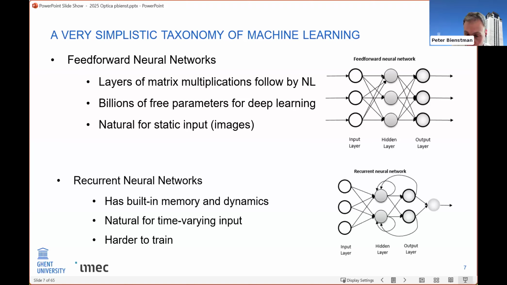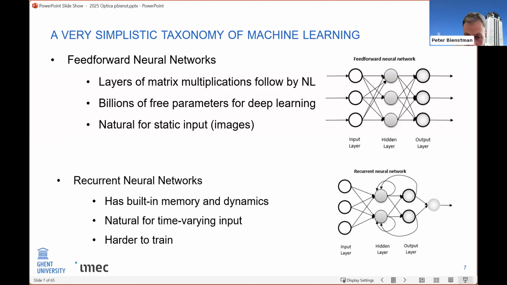Now, because this is a dynamical system, it's also very naturally suited to process time-varying inputs. But the disadvantage is that these things are much harder to train than the feed-forward neural networks. And this is one of the reasons why most people nowadays use the feed-forward neural networks. But still, there are some advantages to these recurrent neural networks, as we'll see later on.